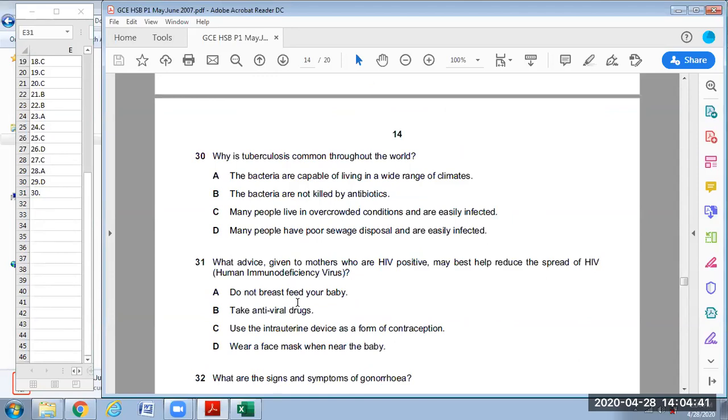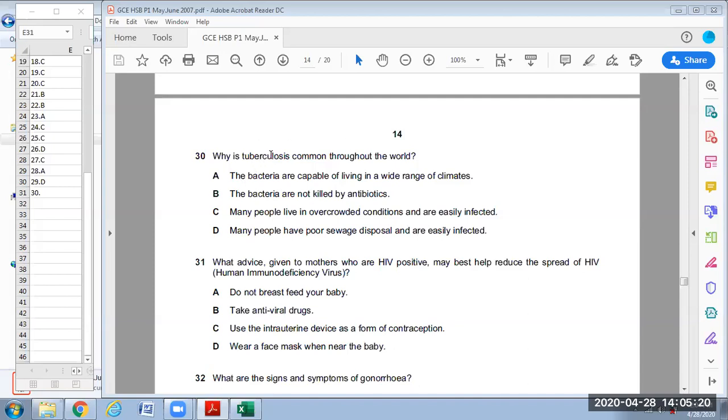Number 30, why is tuberculosis common throughout the world? Many people live in overcrowded conditions and are easily infected. Not everybody lives in an overcrowded condition. A. Bacteria are not killed by antibiotics. Yeah, bacteria is killed by antibiotics.